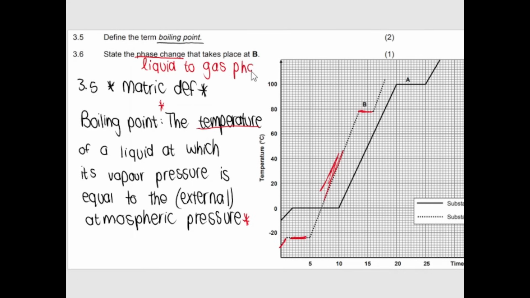That is the phase change that is taking place. And just mention that that is called boiling or evaporation. So by mentioning both, you're covering your bases. You're telling me the phase change is liquid to gas. That is exactly what the memo of this paper wants. But just mention that that process is called boiling or evaporation.